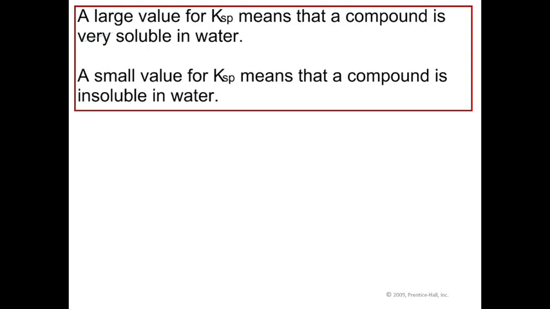The first time I made this, I didn't make it in PowerPoint or Word, so I couldn't change the text here. So I'm going to say it's more soluble. Relatively speaking, it's more soluble. Say a larger value for KSP means it's relatively more soluble in water compared to something else. A smaller value for KSP means the compound is insoluble in water.